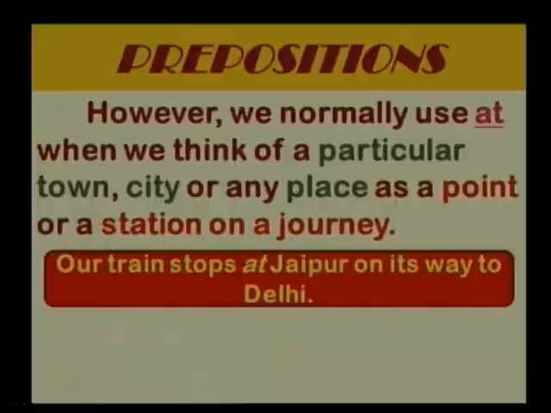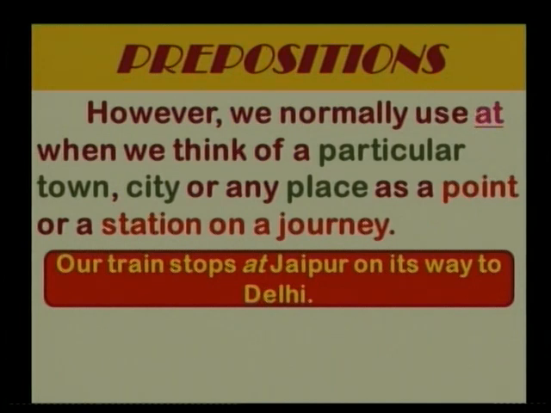Now imagine, visualize, you are traveling from Ahmedabad to Delhi by train. All right, just imagine you're traveling from Ahmedabad to Delhi on a train. On a map, how are you going to show that? You are going to show it with the help of a line.